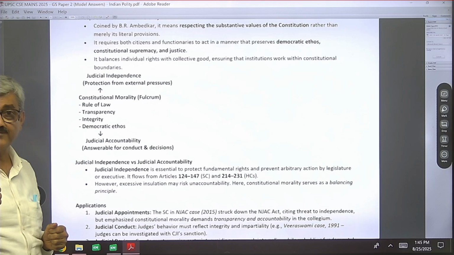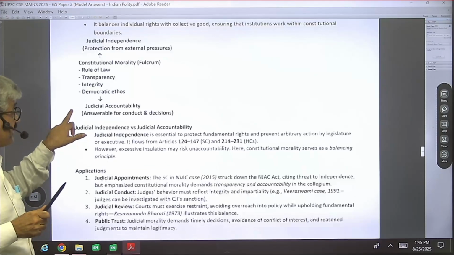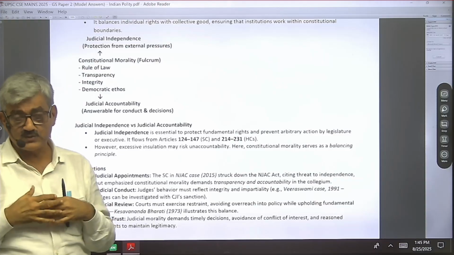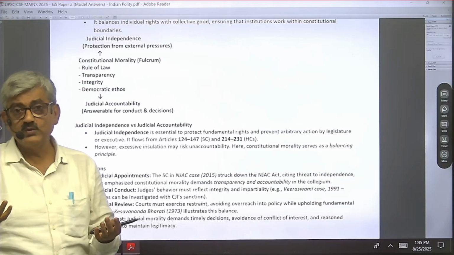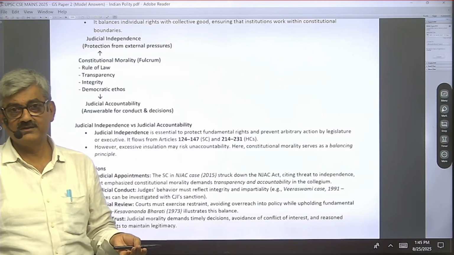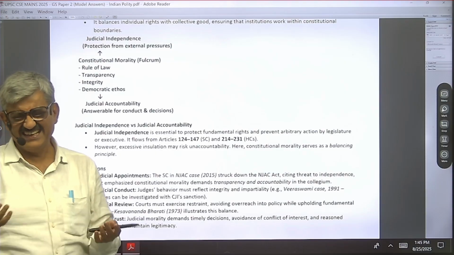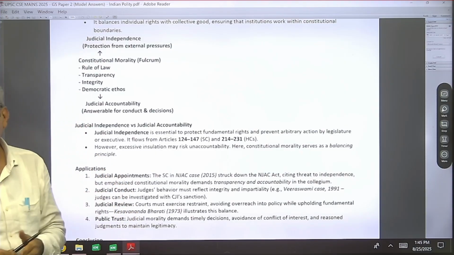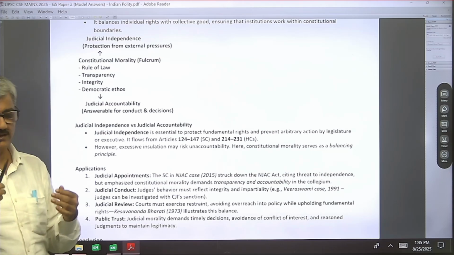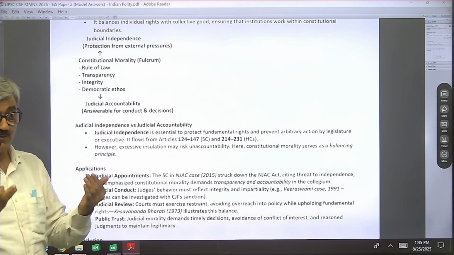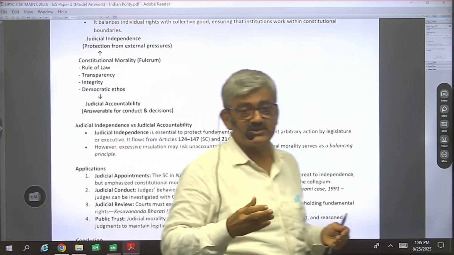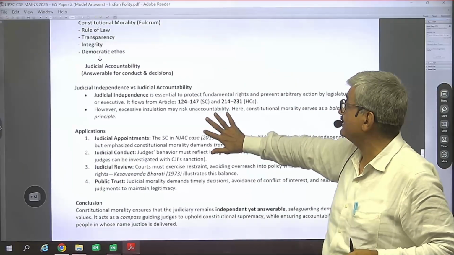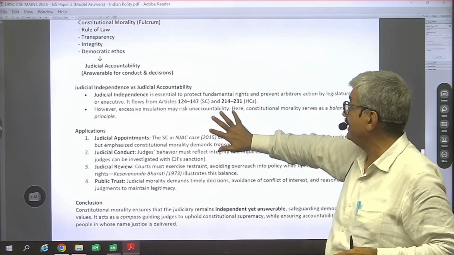But at the same time, judicial accountability is also supposed to be in place. They are supposed to be responsible to the democratic values and to the citizens of the country. On many occasions, the discussion about moral values is something that needs to be discussed in the judicial independence versus judicial accountability debate.